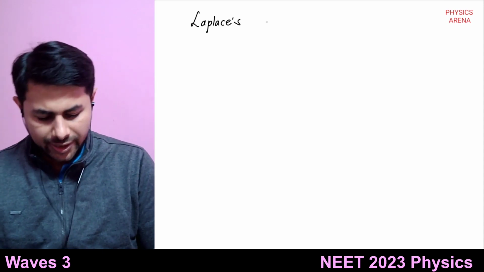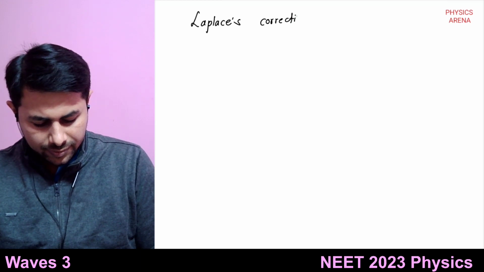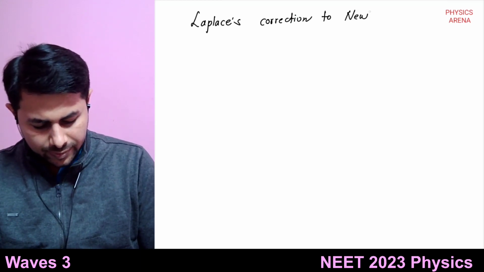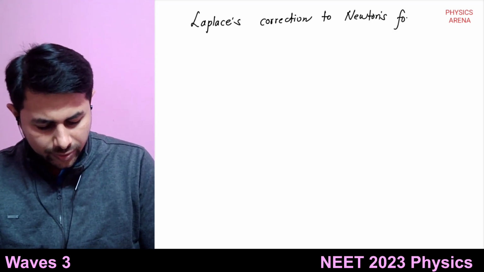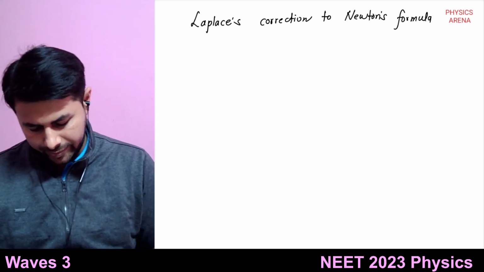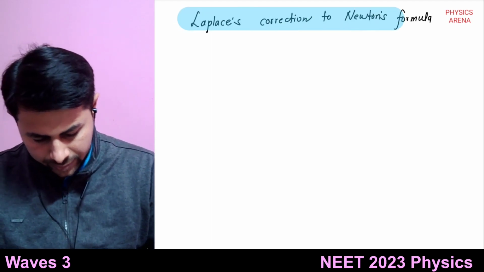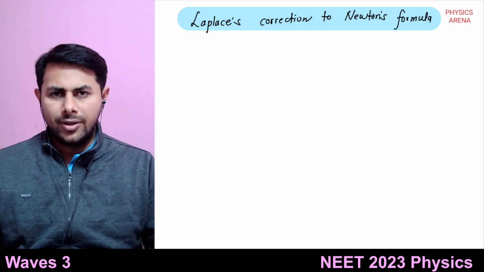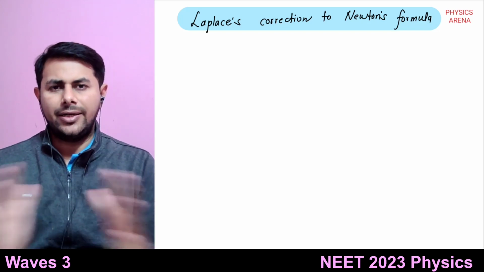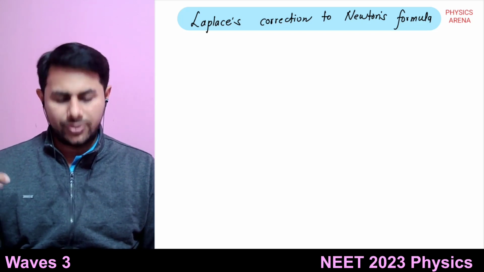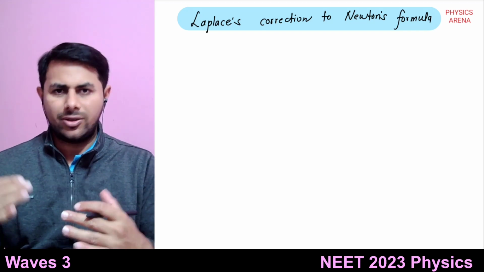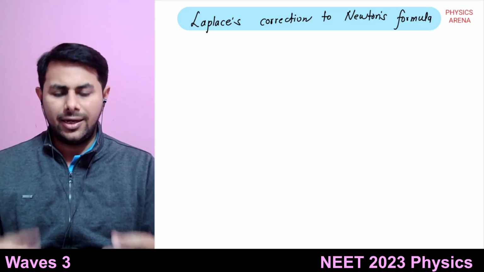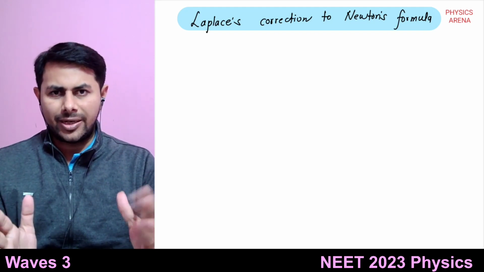So let's see Laplace's correction to Newton's formula for speed of sound in air. What was Newton's assumption? That this process of compression and rarefaction is a slow process, so the heat formed in a compression gets distributed to the surrounding, and there is some cooling in case of rarefaction.